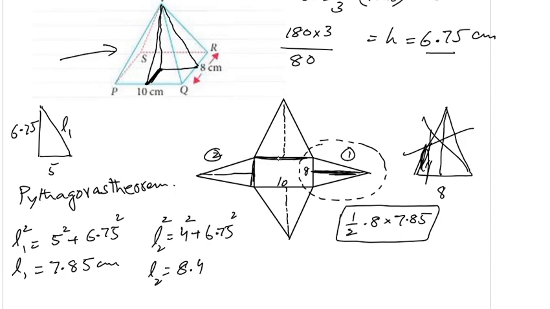Now as we have this length, which is 8.4, so base multiplied by height, its area will be 1 over 2 multiplied by base is 10 in this case, and height is 8.4.